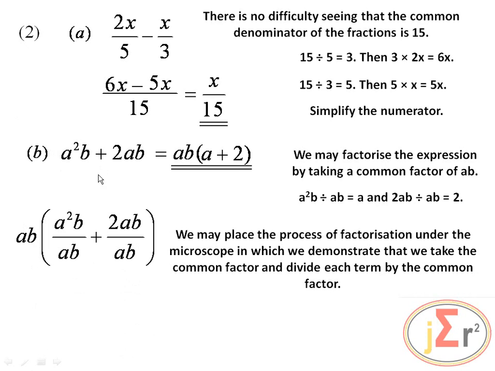Then this term is divided by the common factor. This term is divided by the common factor. And we have no problem seeing that a will cancel with a squared, leaving a. The b's will go completely. Here we have ab and ab, and all that we will have inside of this bracket is a plus 2b.